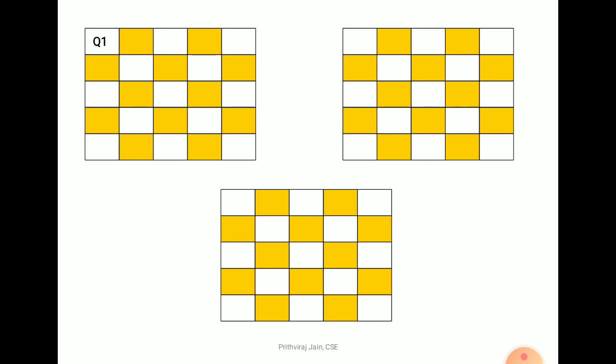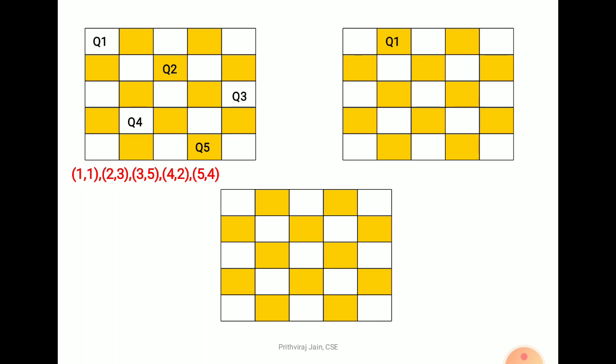In the first solution, q1 will be placed at the first position, next q2 at the third position of the second row, q3 at the last position of the third row, q4 at the second position of the fourth row, q5 at the fourth position of the fifth row. Now we can observe no queens can attack each other. So this is one of the solutions: 1, 1, 2, 3, 3, 5, 4, 2 and 5, 4.